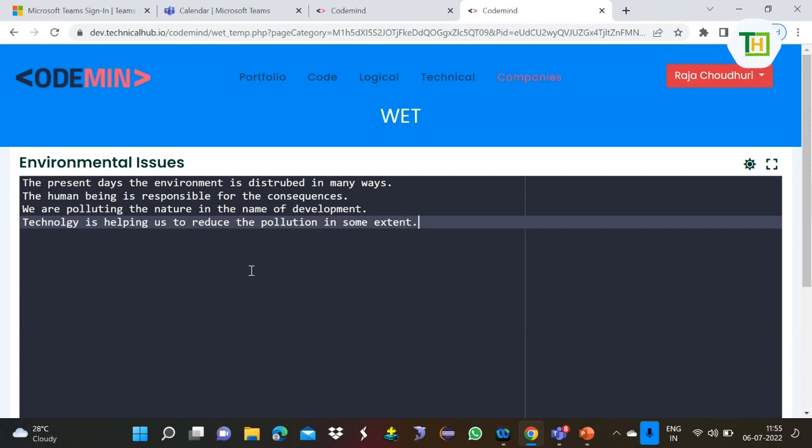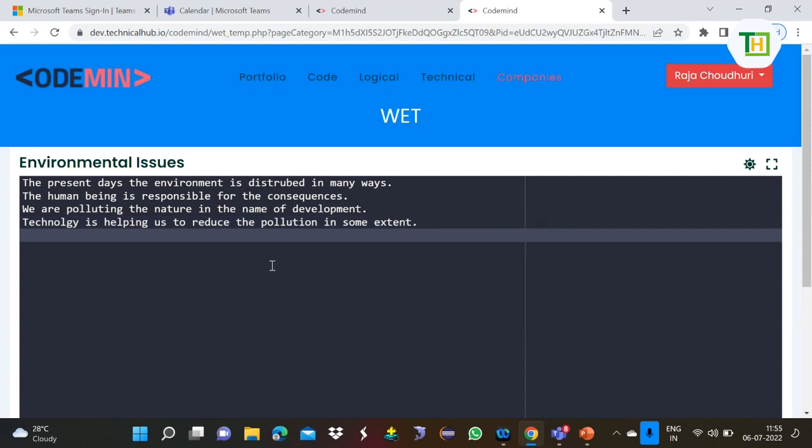Okay, these are the four sentences I typed, and I'll also type one more sentence, with some mistakes. Randomly, I just typed something like this.